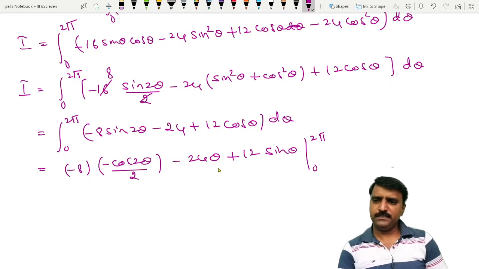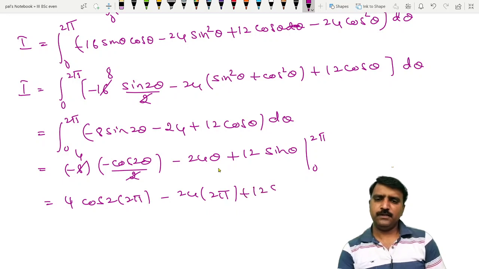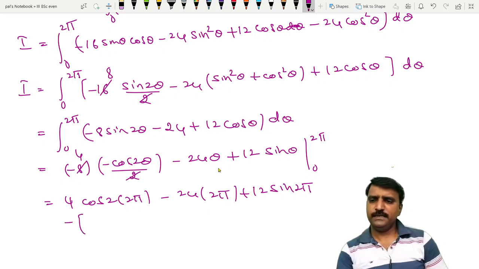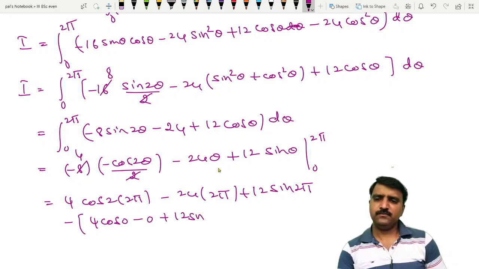Simplifying and applying the limit: minus of minus plus 4 cos 2 into 2 pi, minus 24 into 2 pi, plus 12 sin 2 pi, minus of, put theta is 0 here, minus of minus plus 4 cos 0, minus 0 plus 12 sin 0.